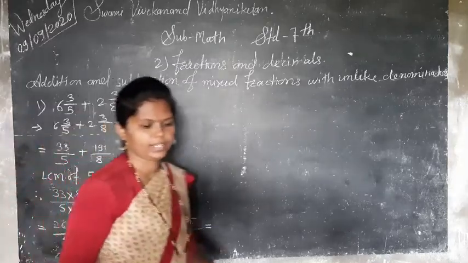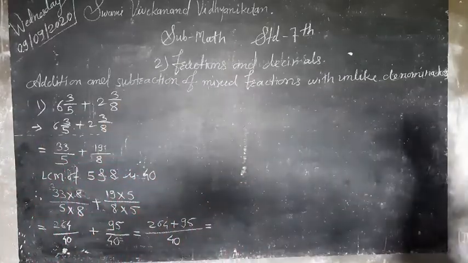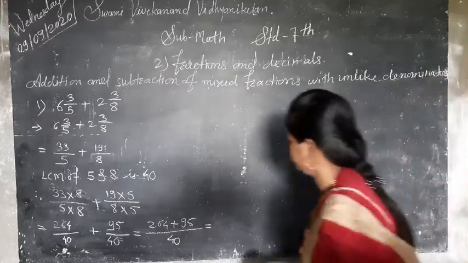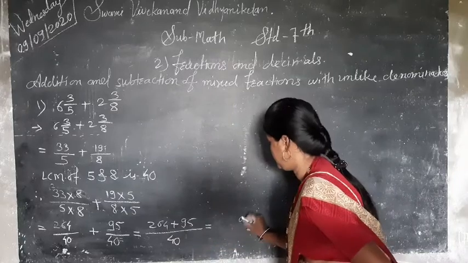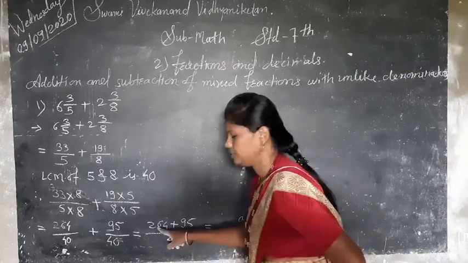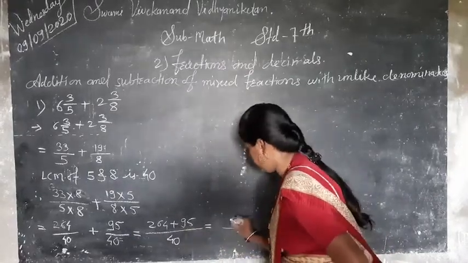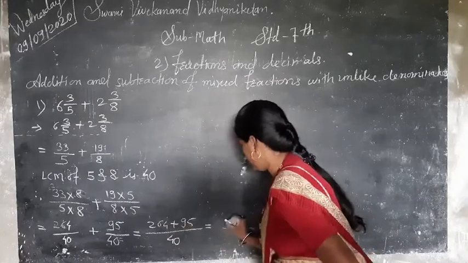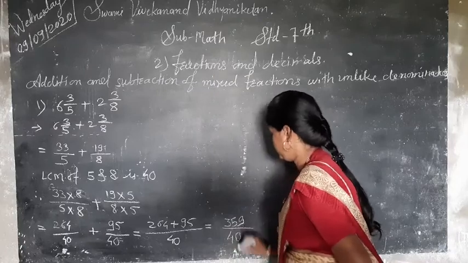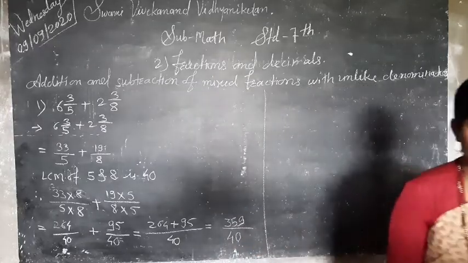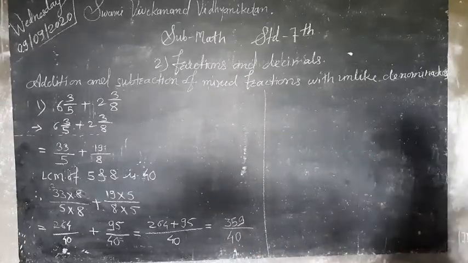Do that simple addition and you will get your answer. 5 plus 4 is 9. 9 plus 6 is 15. 1 is carried here, so it's 359 upon 40. So this is your final answer.